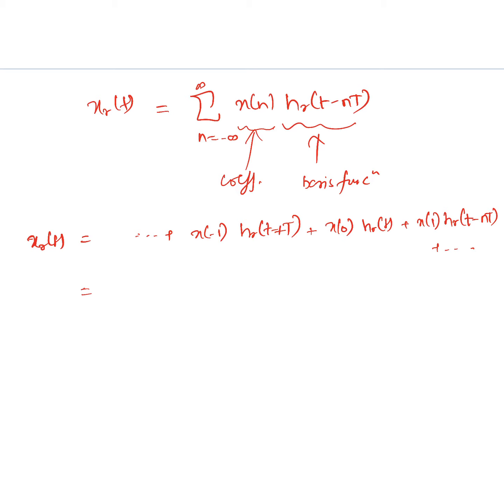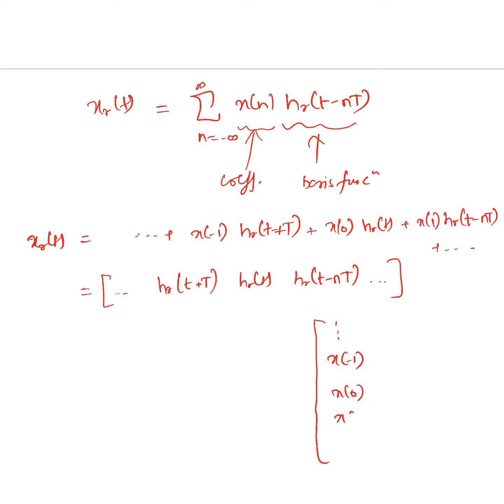So this can be represented as the multiplication of two vectors. Let's organize all these impulse responses in a row vector as HR of (t plus capital T), HR of t, HR of (t minus T) and so on, multiplied by x[minus 1], x[0], x[1] and so on.